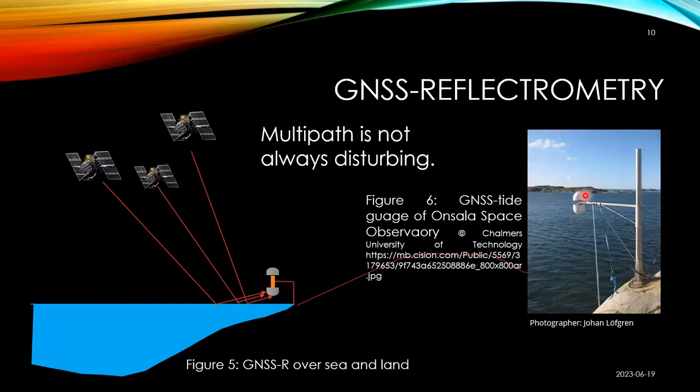As you see, there is an antenna upward in that position to get the coordinate, and one is downward, so as to get a reflection. In that way, just by measuring the reflection of GNSS signals from water, they can measure the sea level change.